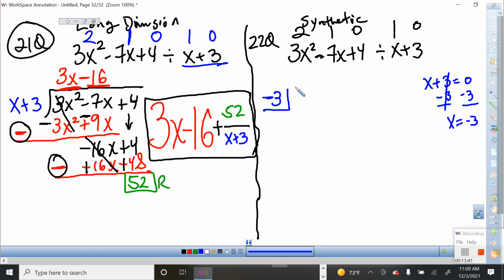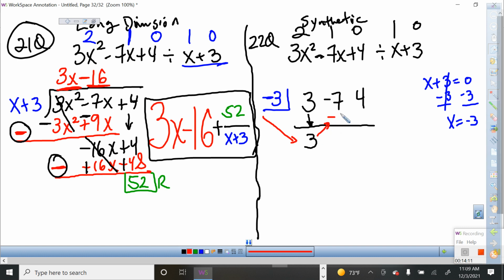From there, we go to our dividend and use the coefficients and the constant. What are my coefficients here? 3, negative 7, and my constant? 4. Bring down the 3, and now we can start multiplying. Negative 3 times 3 goes up here on the next term.